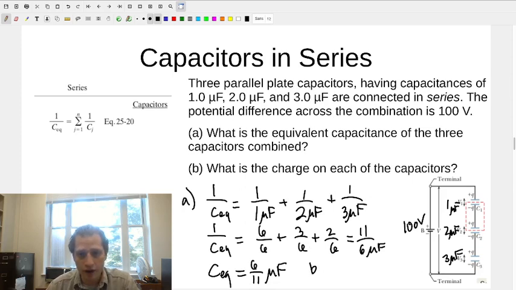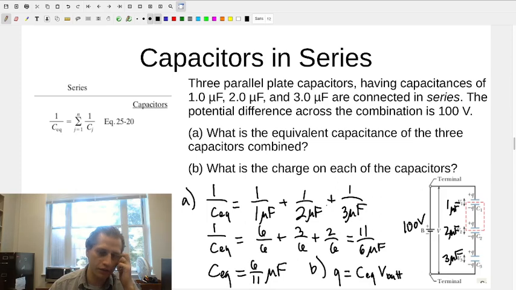If you wanted to find the charge on any one of the capacitors, if they start out uncharged, they will all have the same amount of charge at the end, and you would find that by taking Q equals C equivalent times V battery. So 600 over 11 microcoulombs would be your answer, because you just take this number times that number, and it gives you a charge in coulombs.